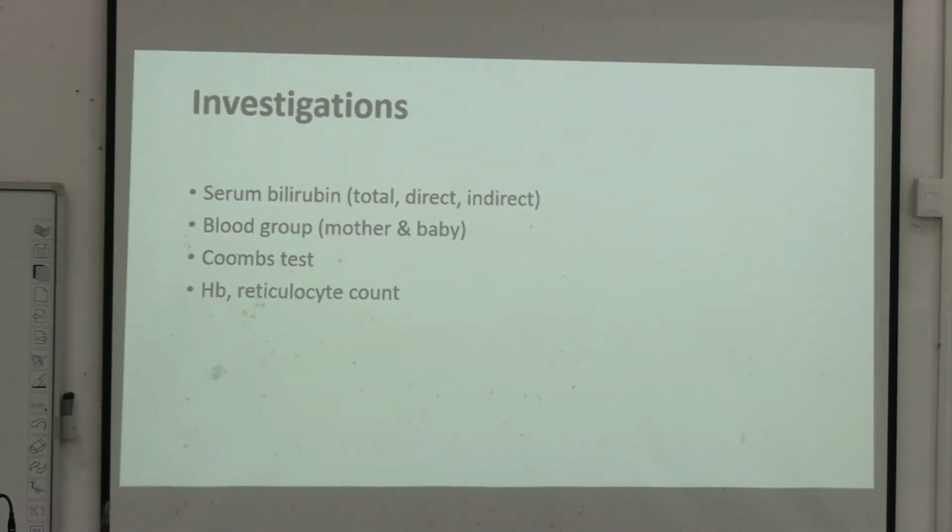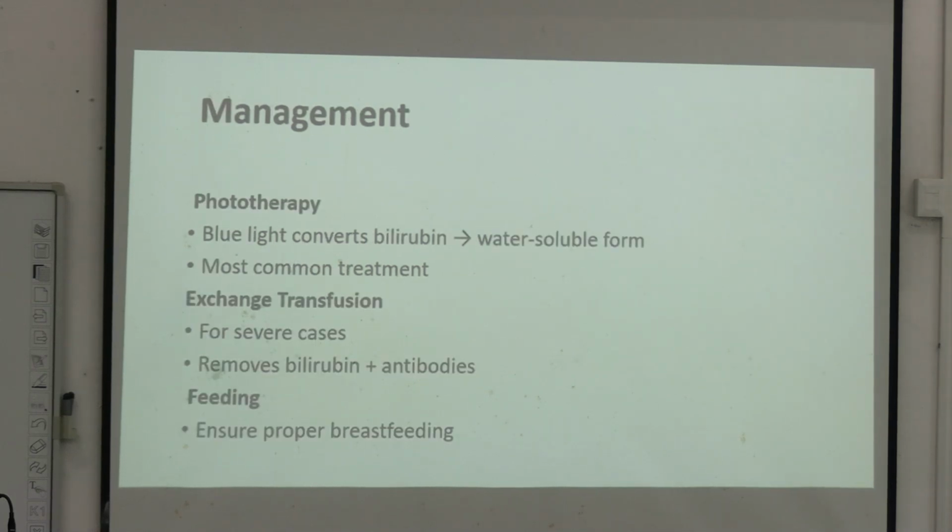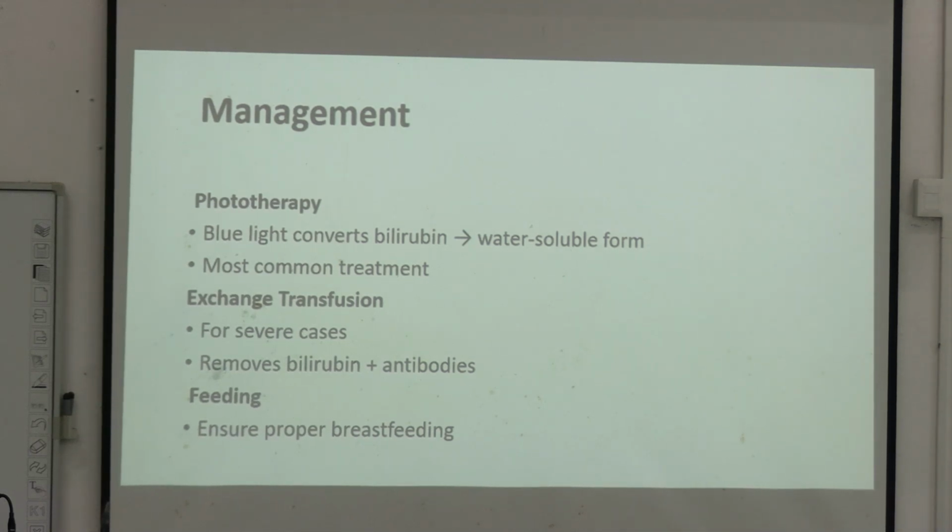Investigations: serum bilirubin, total, direct, indirect, blood group, Coombs test, hemoglobin, and reticulocyte count. Management, mainly phototherapy. Blue light converts bilirubin to water-soluble form, the most common treatment. Then exchange transfusion for severe cases, removes bilirubin plus antibodies. Feeding: ensure proper breastfeeding.